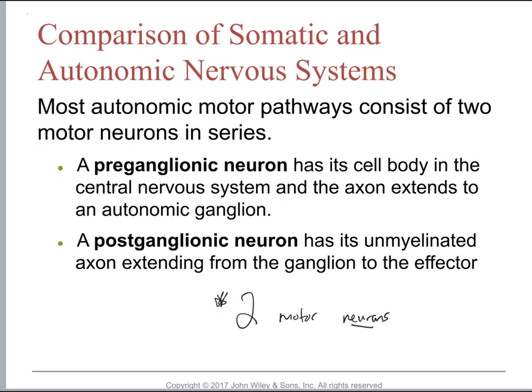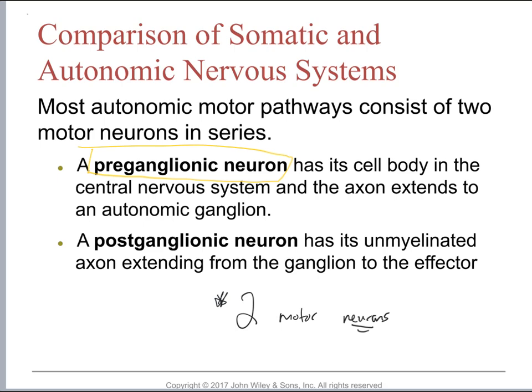Now, the motor neurons are named. They're named as a preganglionic neuron. Notice the word ganglia. So we're going to have a knot of neurons at some point that forms that ganglia. So the neuron before the ganglia is preganglionic. It's going to have its cell body in the CNS, that central nervous system, and the axon is going to extend to that autonomic ganglia.